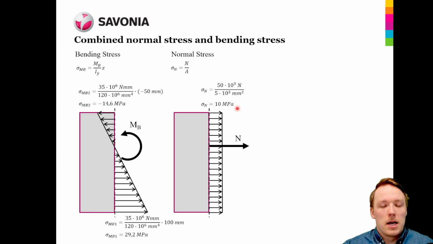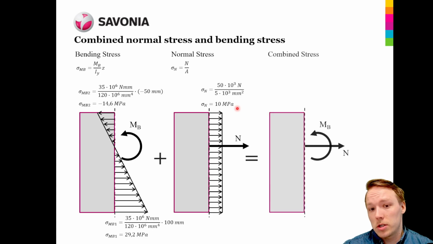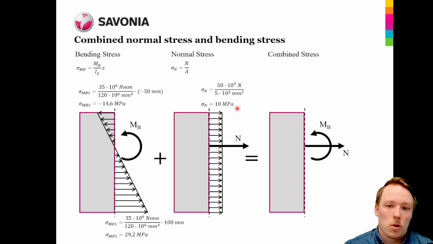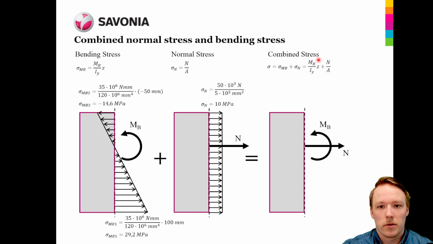Like I said, when we want to calculate the combined effect of normal stress and bending stress, we just simply add those two things together. So the combined stress, the total stress, will be the bending stress plus normal stress. Here you can see one more time the formulas which are used to calculate both of these.